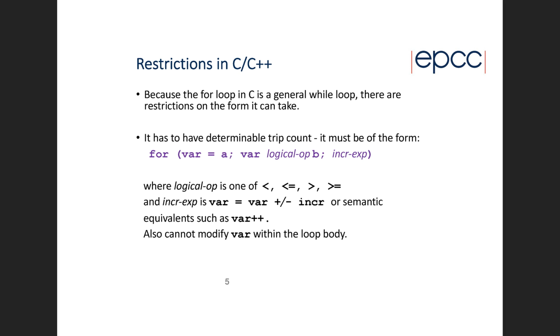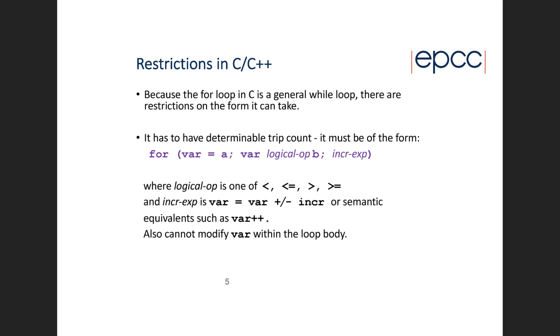Again, as I hinted before, there are some restrictions for C or C++ loops, because actually the C for construct is really a general while loop with some extra syntax in there. You can do pretty much anything you like in there: have any condition to end it, break out where you like, and so on.